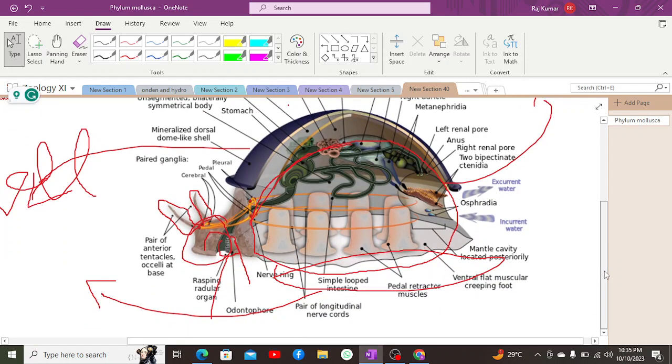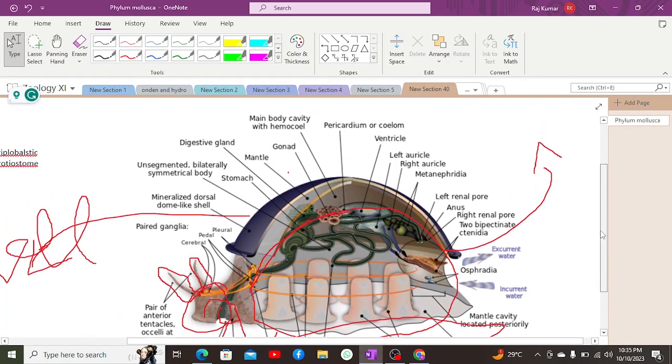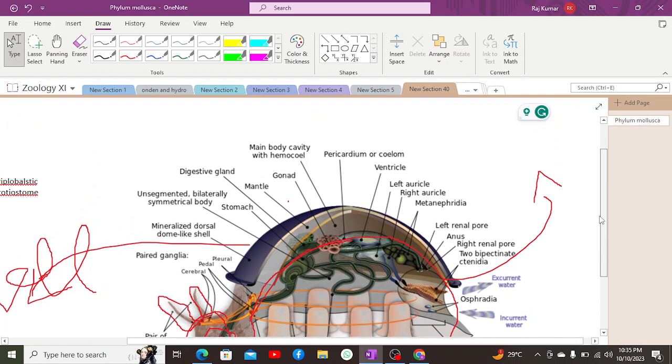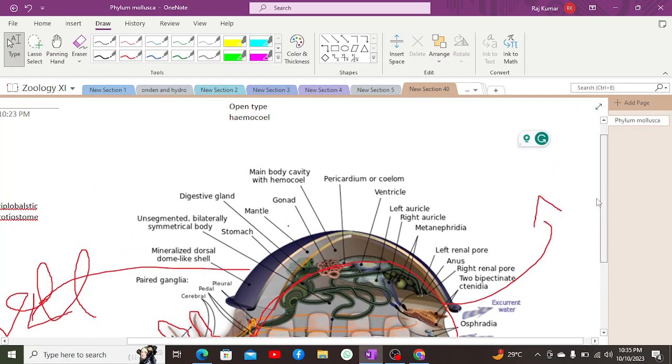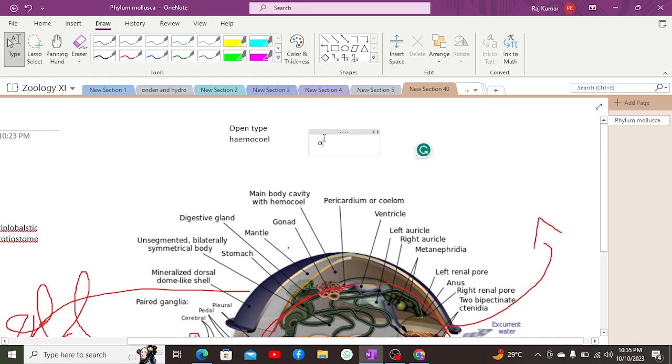Now, another part I would like to discuss over here is the excretory organ. The excretory organ consists of one or two nephridial tubules, which are also known as the organ of Bojanus, connected with the pericardial cavity.